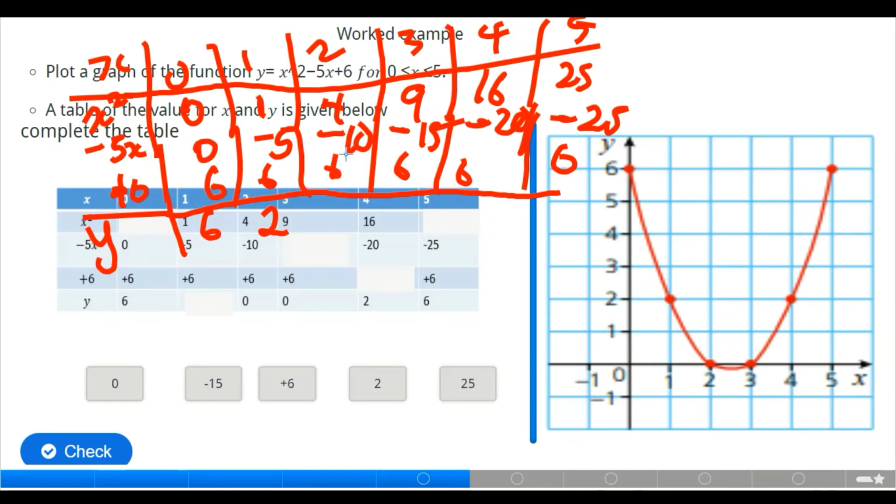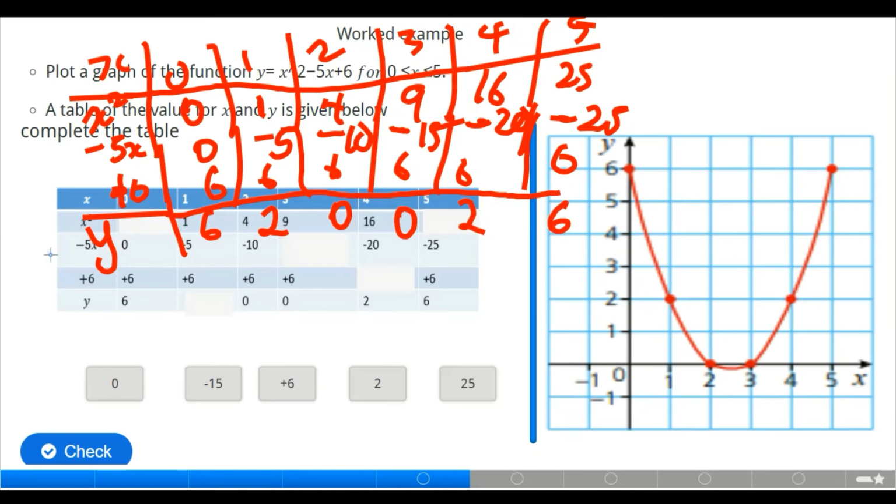Now, minus 6 plus 6, that is 0, okay? 9 minus 15 plus 6 as well will give us 0, because minus 6 plus 6 is 0, okay? Now, 16 minus 20 plus 6 will give us 2. 25 minus 25, 0 plus 6 will give us 6.